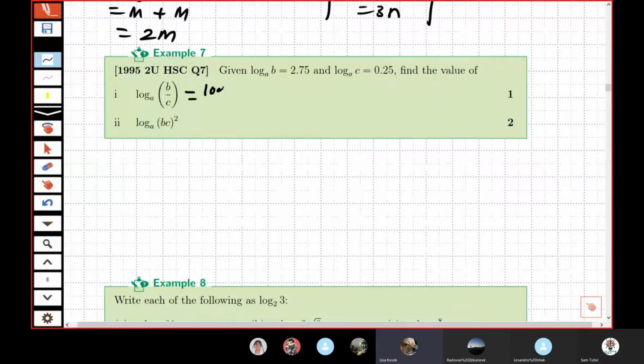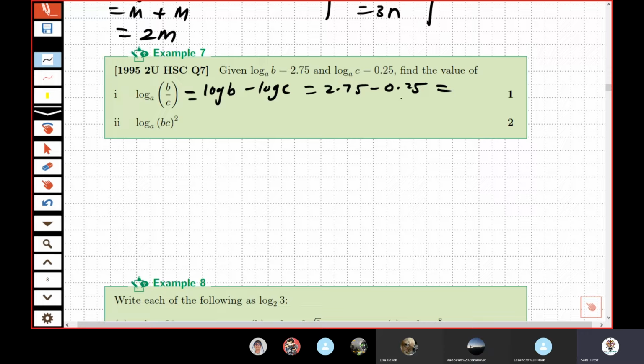Is it log 2.75 minus log 0.25? Ooh, okay. No. You've got it right in terms of what you're minusing. So wait, B on C. You know that's log B minus log C, yeah? What does log B equal to? 2.75. Yeah, what does log C equal to? Oh, okay. Whereas you said log of 2.75, log of 0.25.